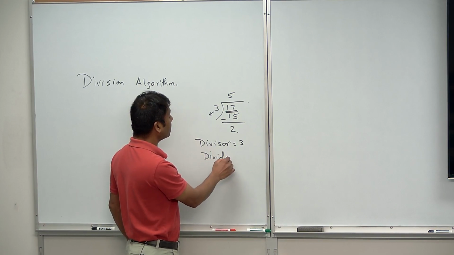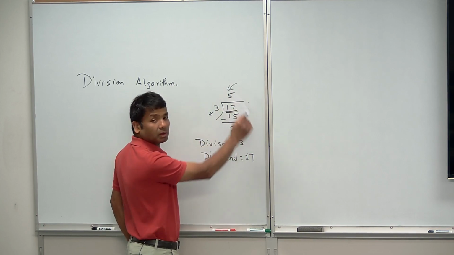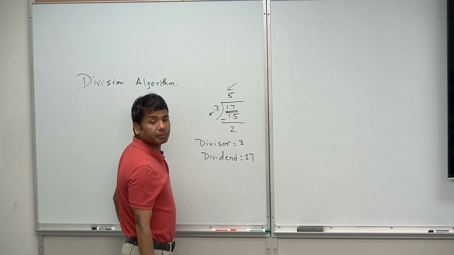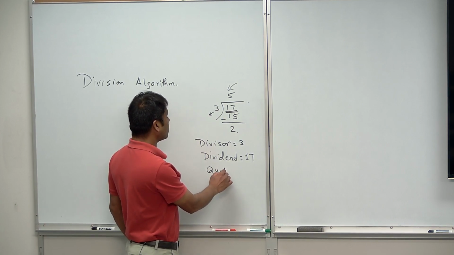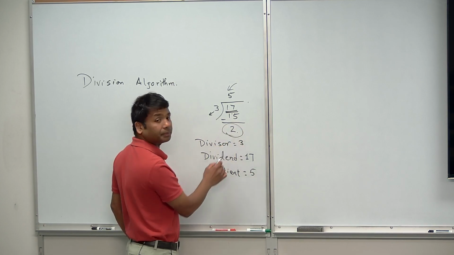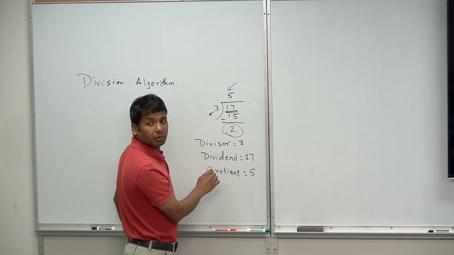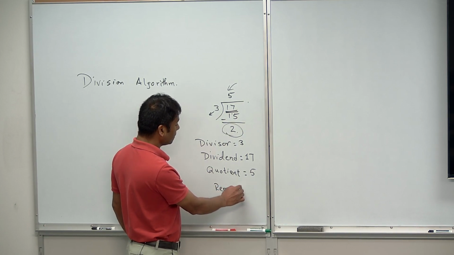Dividend. So the dividend is 17. And what is this 5? 5 is the quotient. And what is this 2? 2 is the remainder.